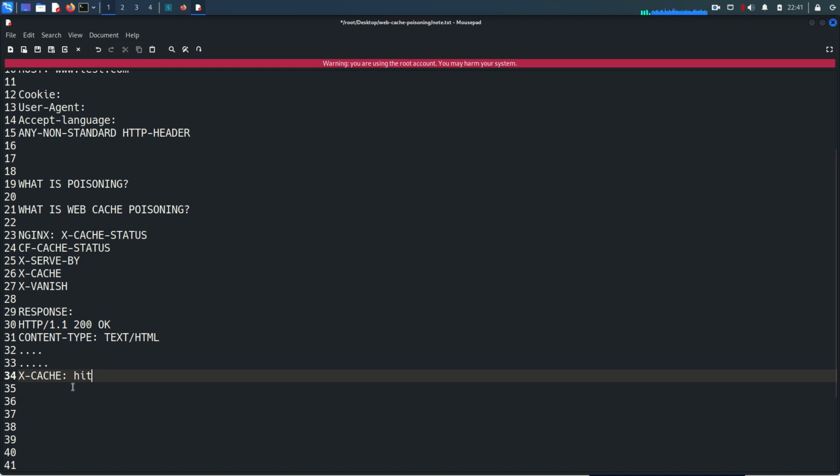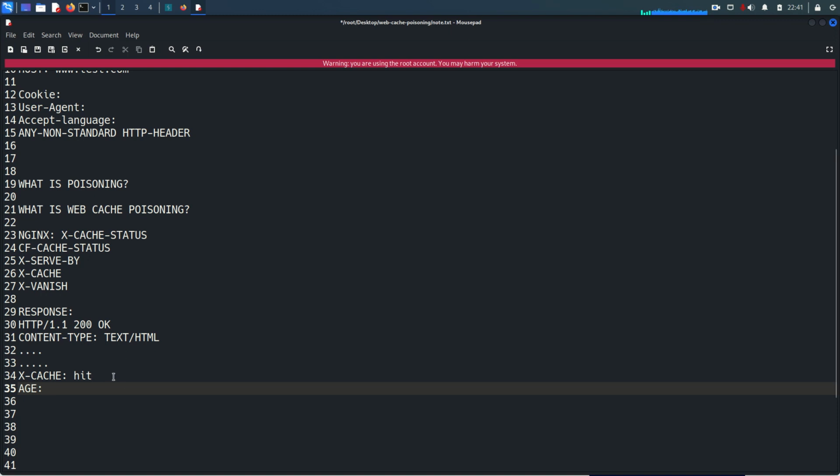Once you get the hit, there is another header, which is Age. Suppose that the cache stores the response only for 60 seconds, so here you may find max-age=60.